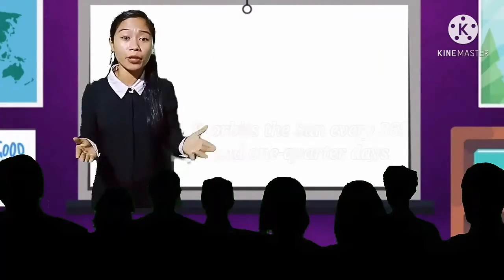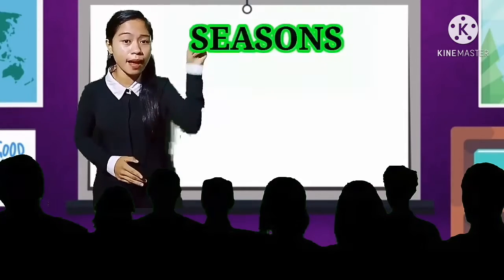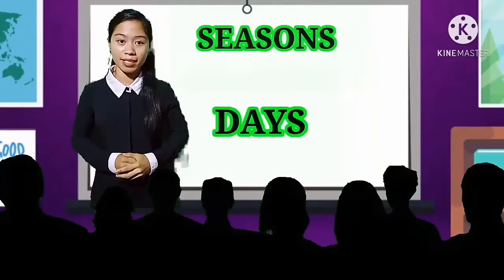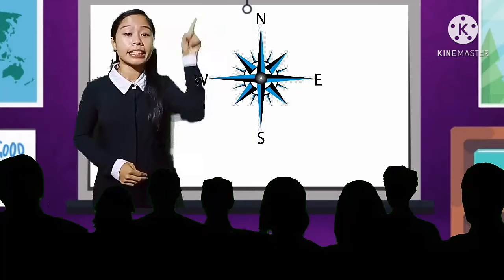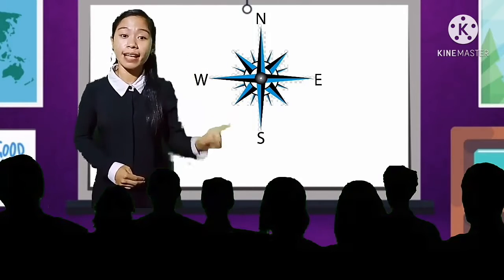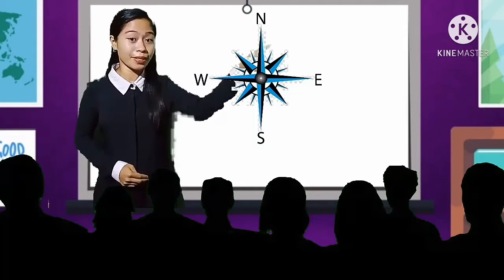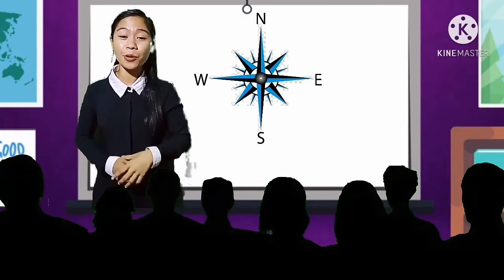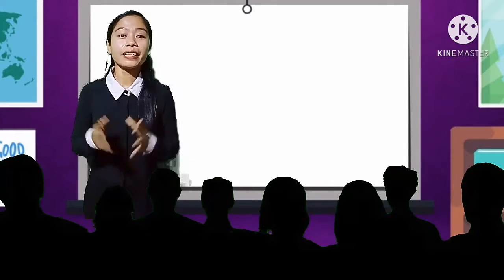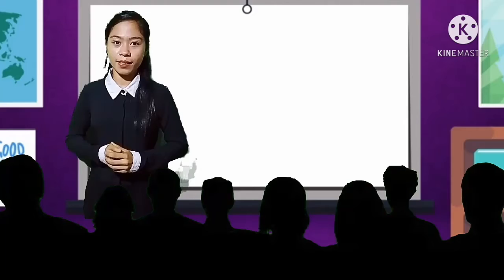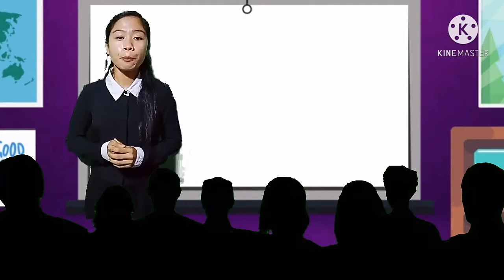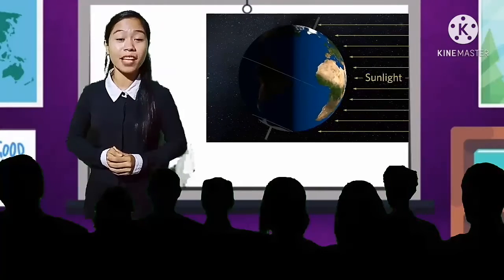Now let's move forward to how the Earth has seasons and days caused by the Earth's movement. Now this is the north, the east, the west, and the south. Don't forget the word NEWS in this form for us to know the exact directions. Earth's tilted axis causes the seasons throughout the year. Different parts of Earth receive the sun's most direct rays.